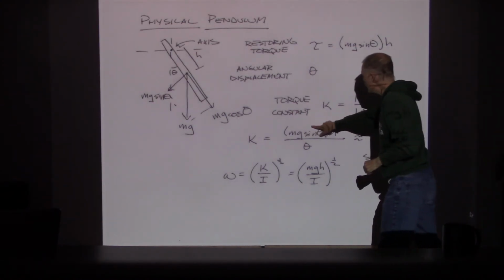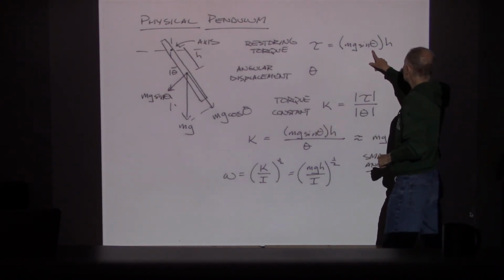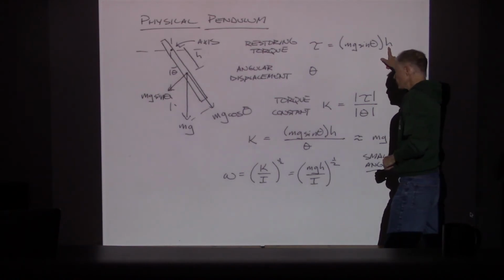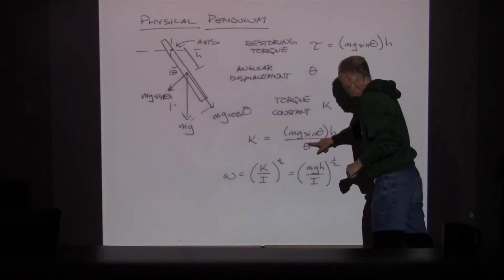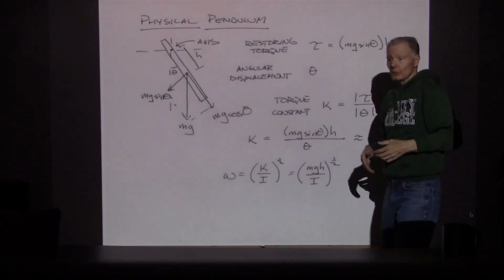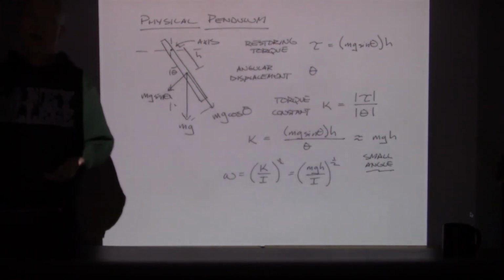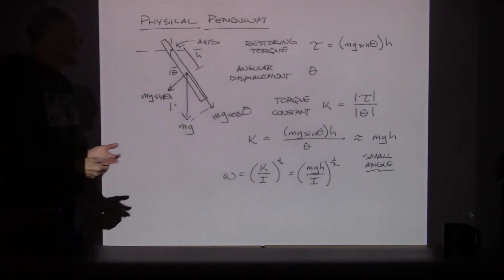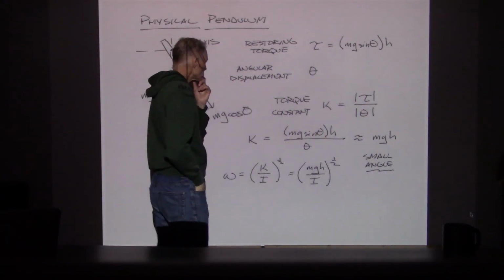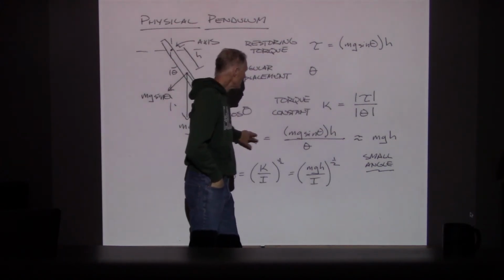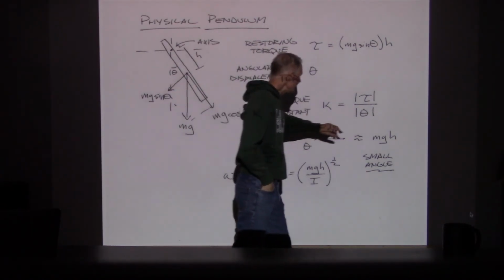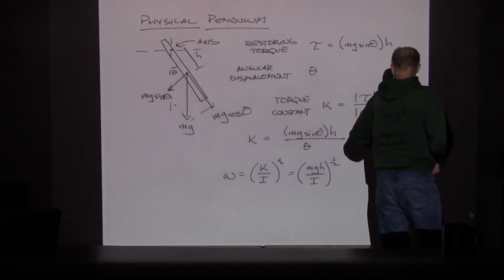So I wrote out the torque formula, mg sine theta times the lever distance. Now the sine theta and the theta showed up again, so we know where this is headed. This is one of those small angle approximations. And so k can be given, we can cancel those out. k then is going to be given by mgh.